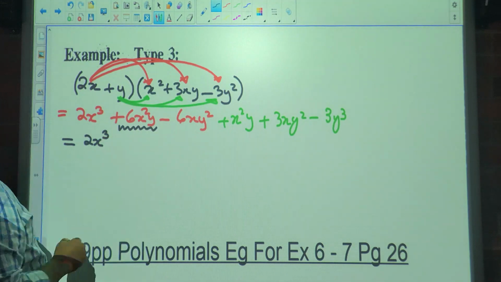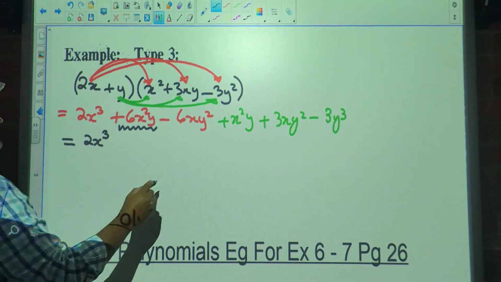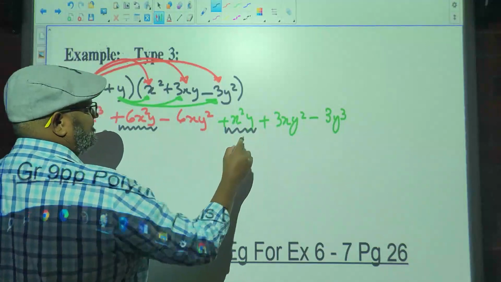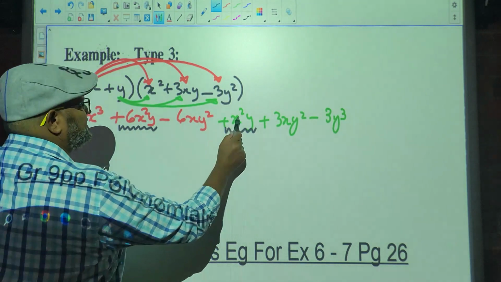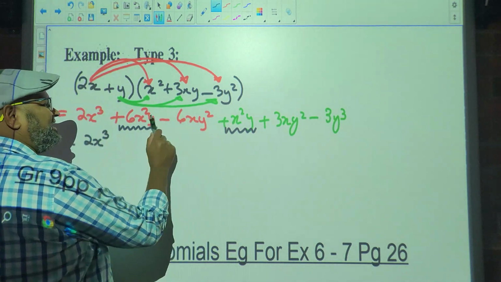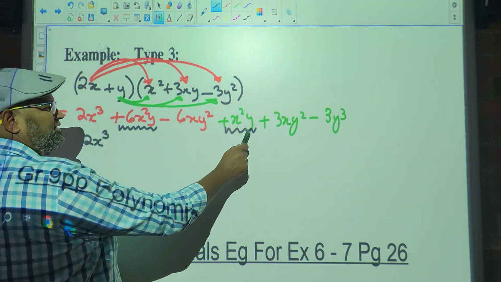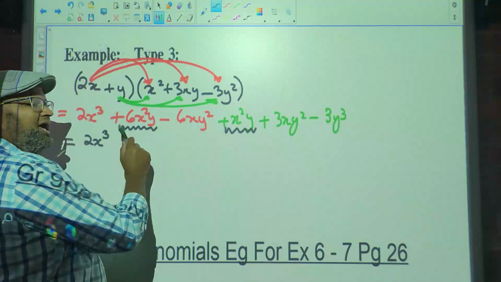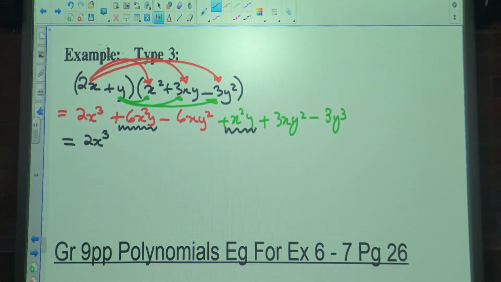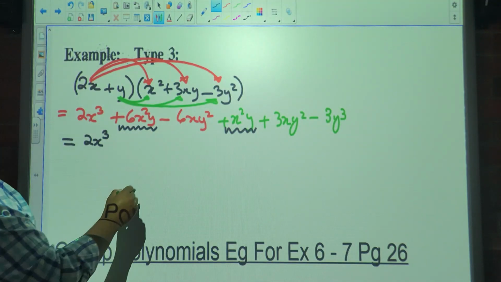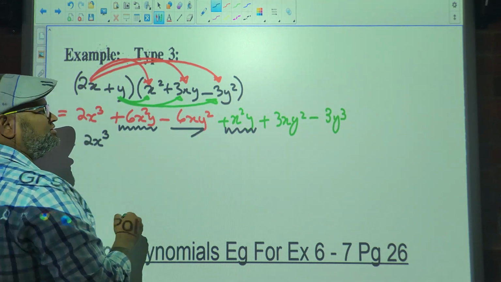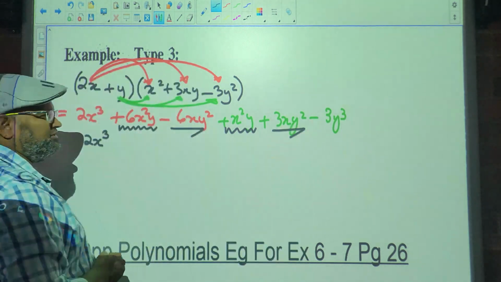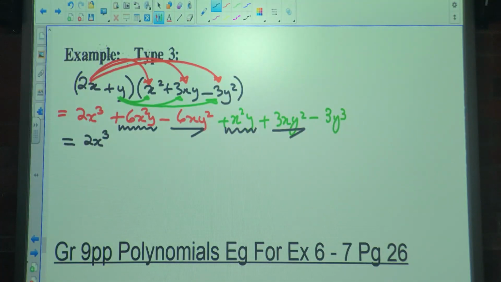6x squared y is a like term to x squared y. Okay? What makes them like terms is the variables are exactly the same. There's x squared y, x squared y. Xy squared is not a like term to x squared y. However, negative 6xy squared is a like term to positive 3xy squared. And the last term is on its own.